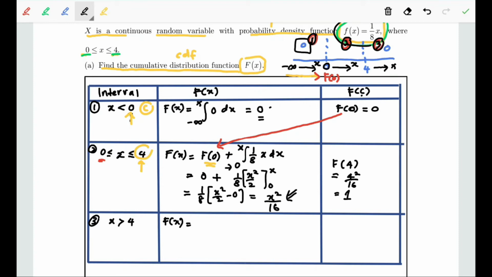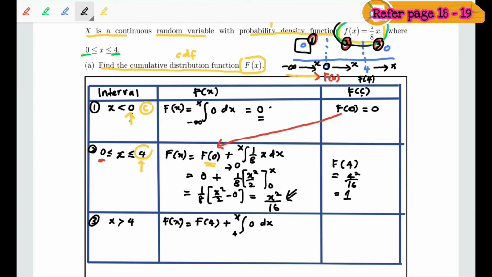But you have to remember that before entering this third interval, you have accumulated from the starting, so the accumulation from the starting until 4 is referring to f of 4. So we start with fx equals f of 4 plus the integral from 4 until x of the function 0.